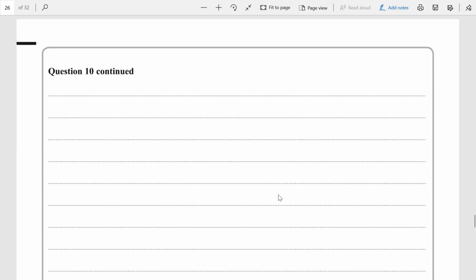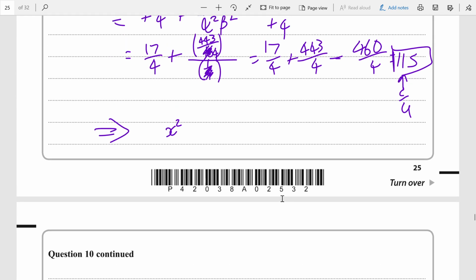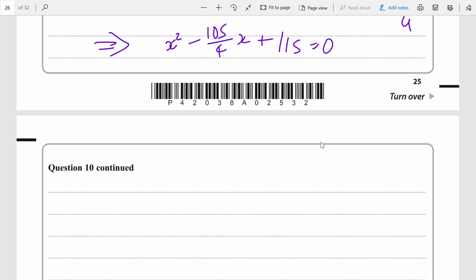Minus 1 over 5 over 4, x plus 115 is equal to 0. And we multiply everything by 4 to get rid of the denominator in the fraction, because it's asking for integer coefficients, which would give us 4x squared minus 105x plus 115 is equal to 0.